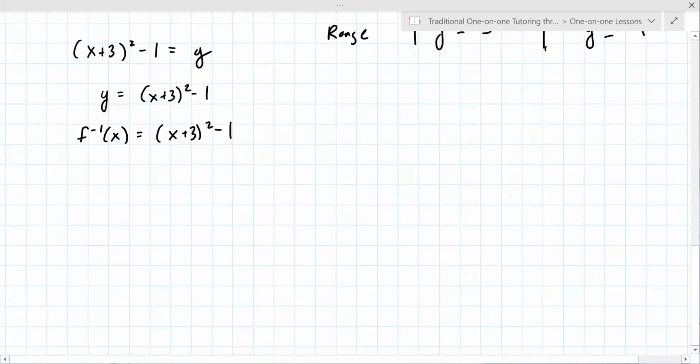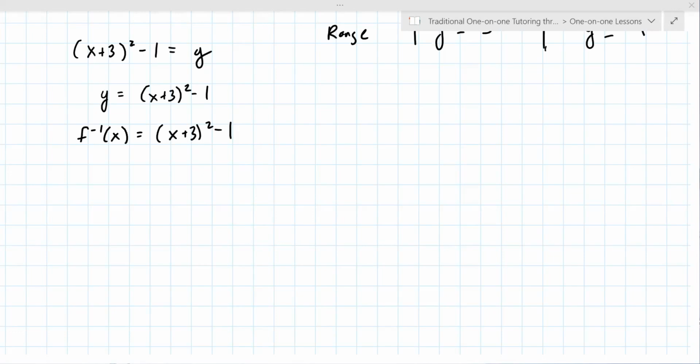All right. So the next thing is graphing. I'm going to go to a tool here to make this easier to see, but then we can talk about how to do it by hand. So the inverse is (x plus 3) squared minus 1.